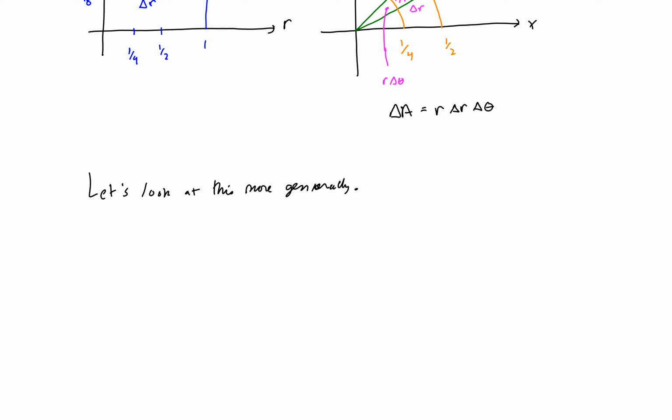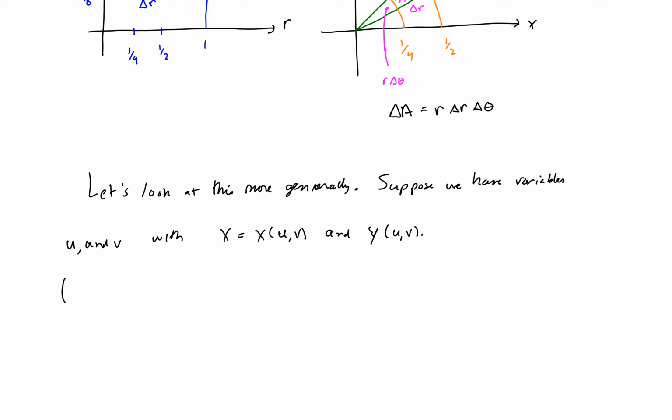Okay, so let's suppose we have variables u and v. And let's suppose we can write x and y as functions of these, with x equal to some function in terms of u and v, and y some function in terms of u and v. And so what you want to think of here is what we just did.